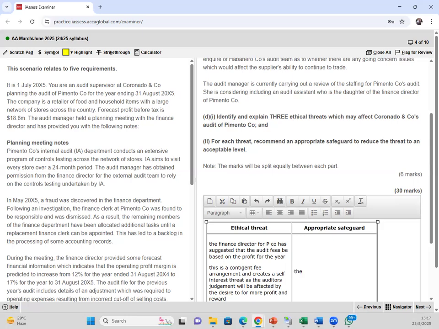We can say C Company should politely decline the offer and explain that the audit fee should be based on the time taken and the nature of the job.